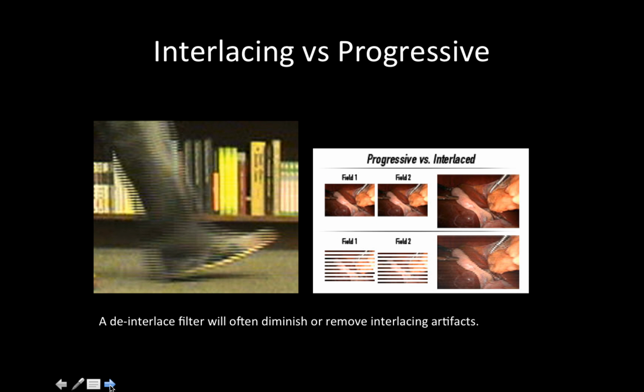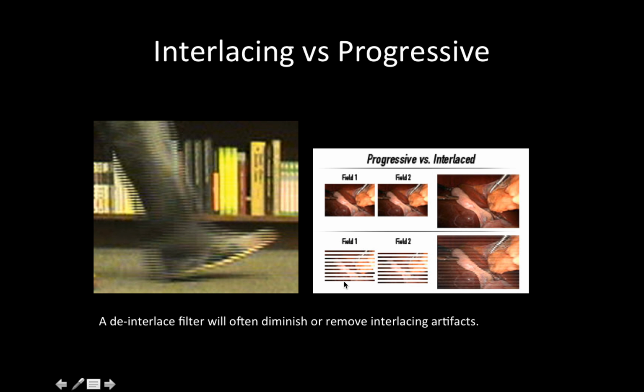So in the early days of television, it was very difficult to show 24 or 30 frames per second without jittering or artifacting. So the TV people came up with this idea about fields.